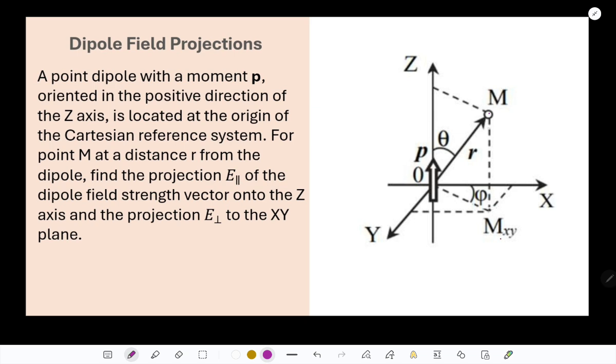I simply drew a perpendicular on the xy plane and got this point, and I'm calling it Mxy. This is the projection of M on the xy plane. I have also taken a few angles: this angle is theta and this angle is phi.